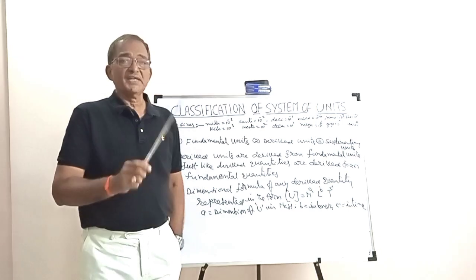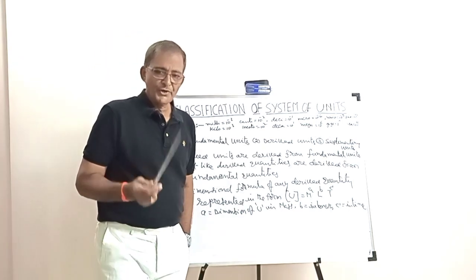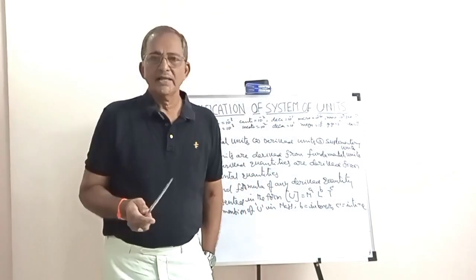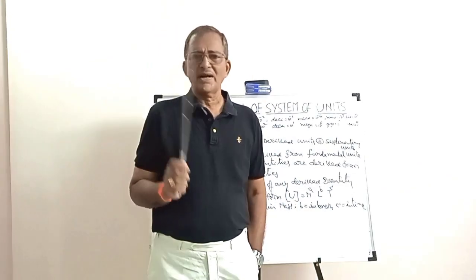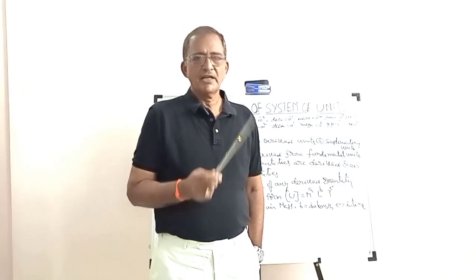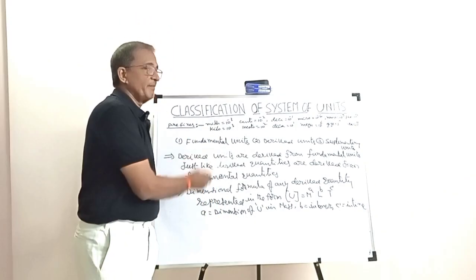And the speciality of SI units is they are very standard, they are reproducible, and they are measurable, and they are the same for all countries, internationally accepted. That's why nowadays we are using only SI system as a systematic system.